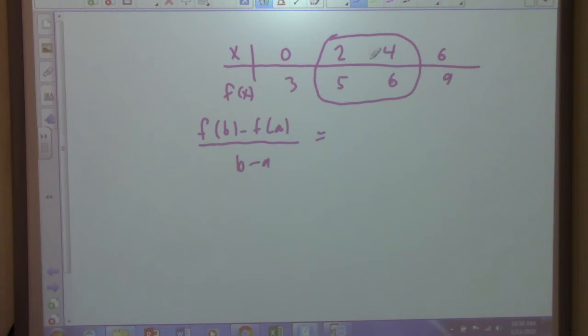In our case, that's 6 minus 5 over 4 minus 2. So we get 1/2. So 1/2 is our estimate of f prime of 3.